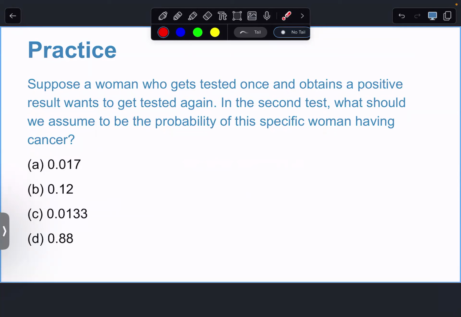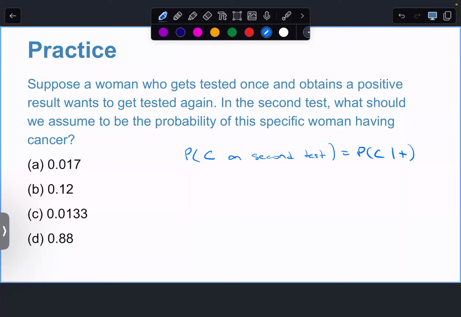What about this one? Suppose a woman who gets tested once and obtains a positive result wants to get tested again. In the second test, what should we assume the probability of this specific woman having cancer is? So now the probability of cancer on the second test has to be the probability of cancer given that it was a positive result, which is what we just found, right?